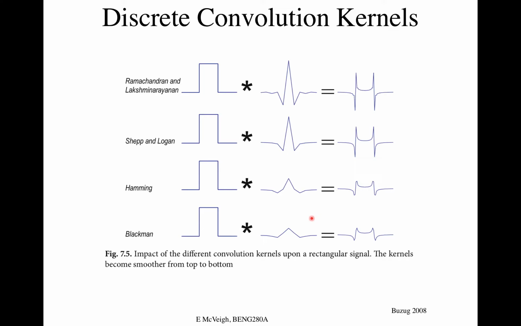When you look at what each one of these kernels does to a rect function, it turns it into these shapes, with more extreme edge enhancement going on with the ramp filter. And then that edge enhancement is toned down as we broaden this filter.